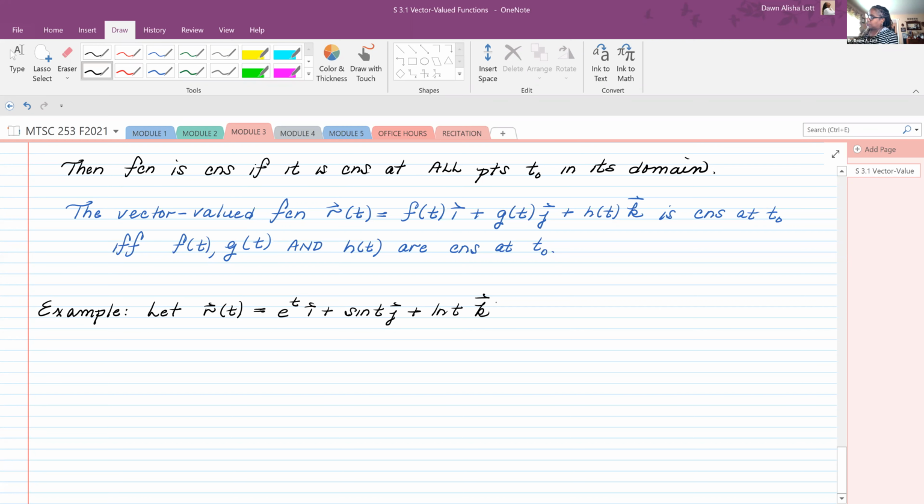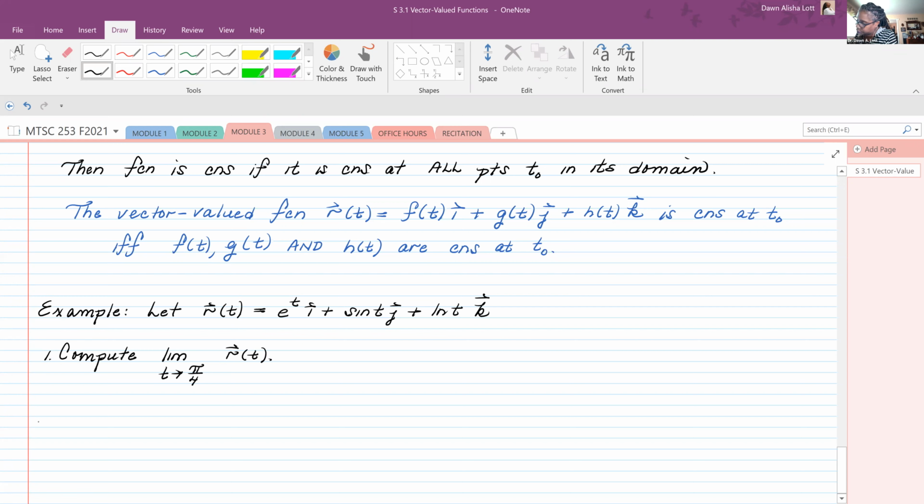Okay, so the first question is: number one, compute the limit as t approaches pi over 4 of r of t.